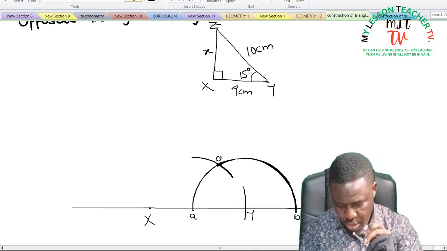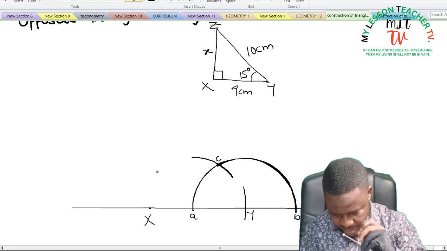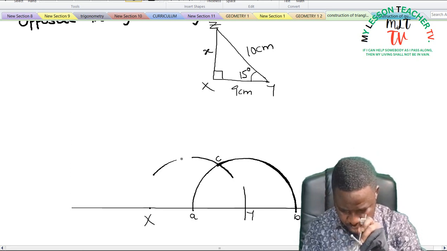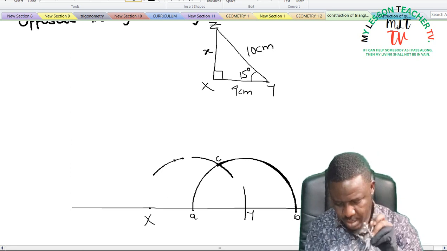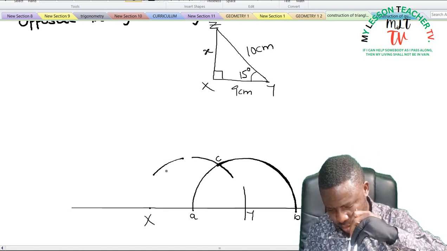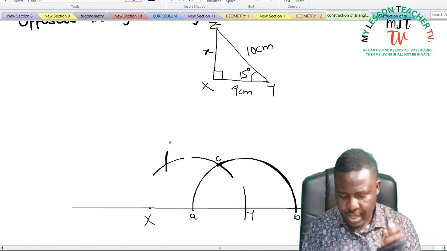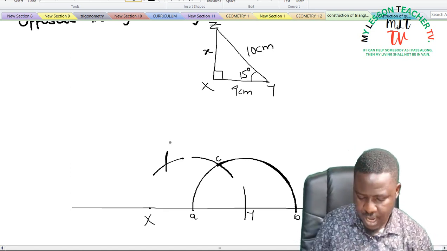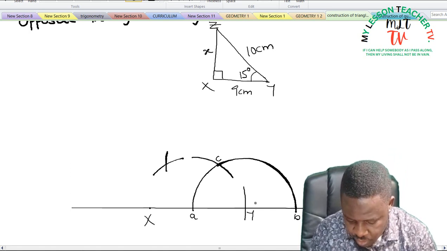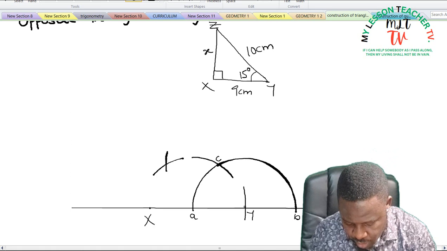Let me maintain the arc. So construct an arc this way with C as center. You construct an arc this way. I'll be constructing angle 30 degrees because I'm going to use that point.